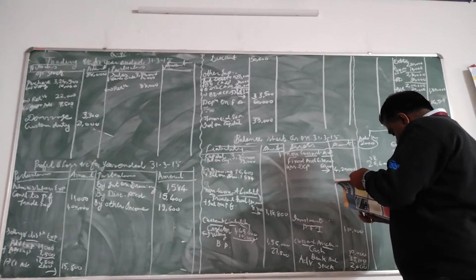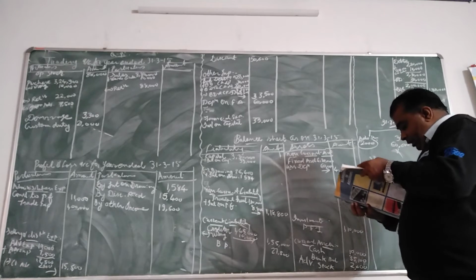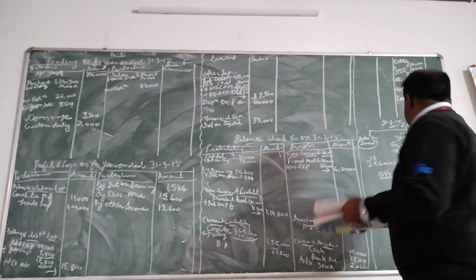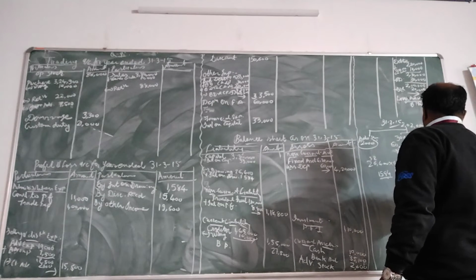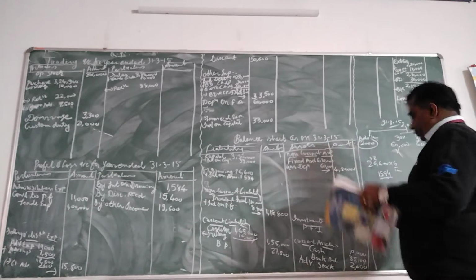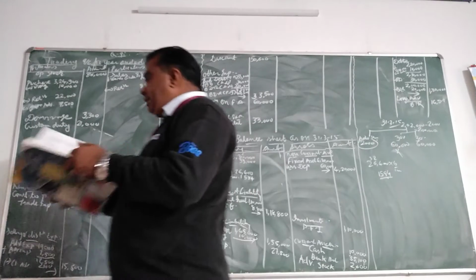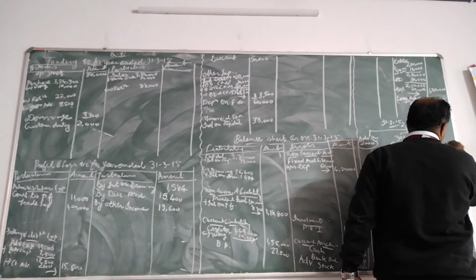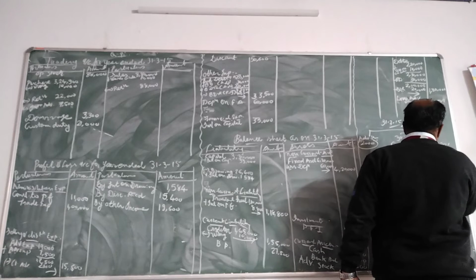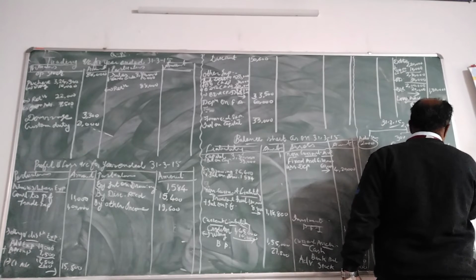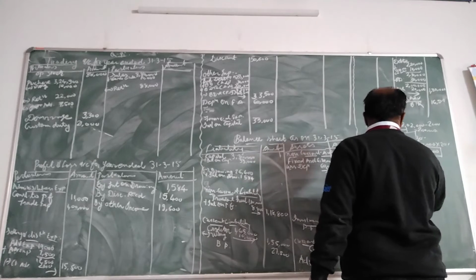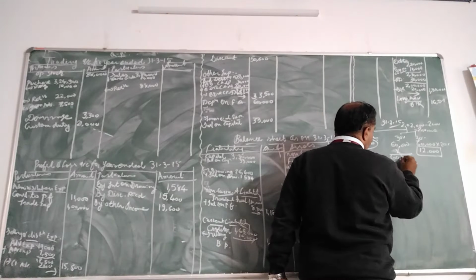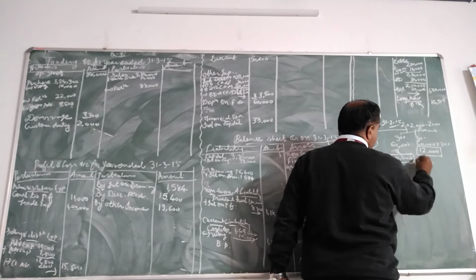Now another 30% of the stock. Other 30% of 2 lakh means 60,000, whose market value is less by 20%. 20% of 60,000 is 12,000. So when the market value is less, we consider the lower value. 60,000 is as it is.